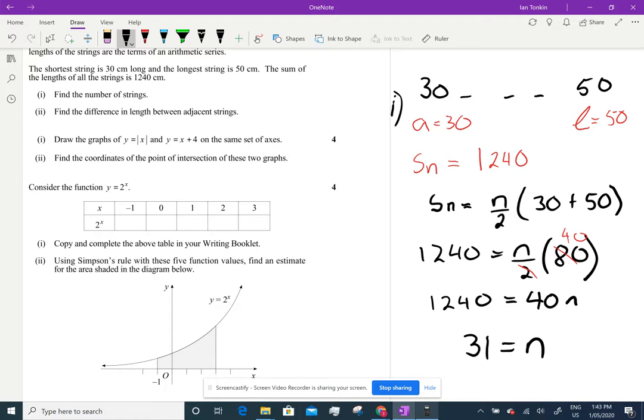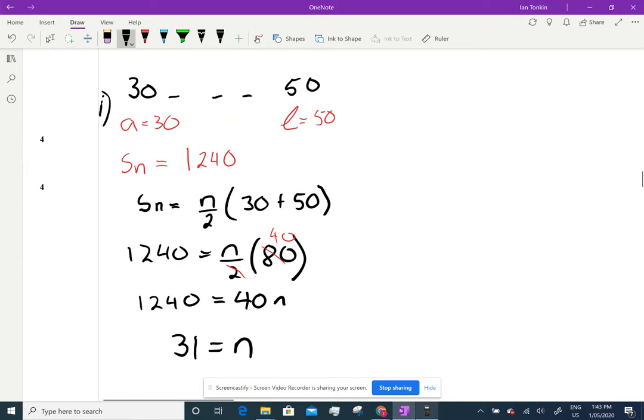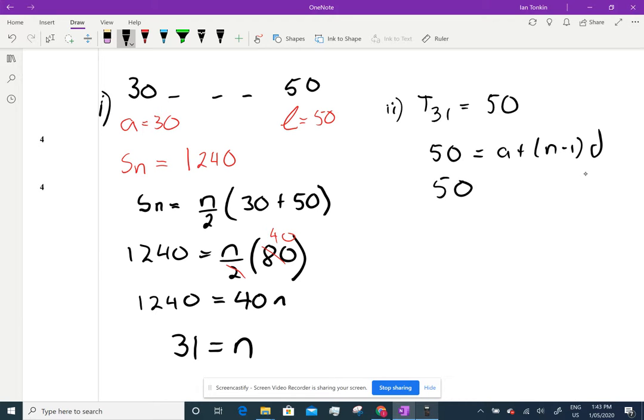Part 2. Find the difference between the adjacent strings. Well, now I know T of 31 equals 50. Well, that means 50 equals A plus n minus 1 times D. And it's 31. So 50 equals A is 30 plus n minus 1. Well, n is 31. So 31 minus 1 times D. And that's the thing I'm trying to find.